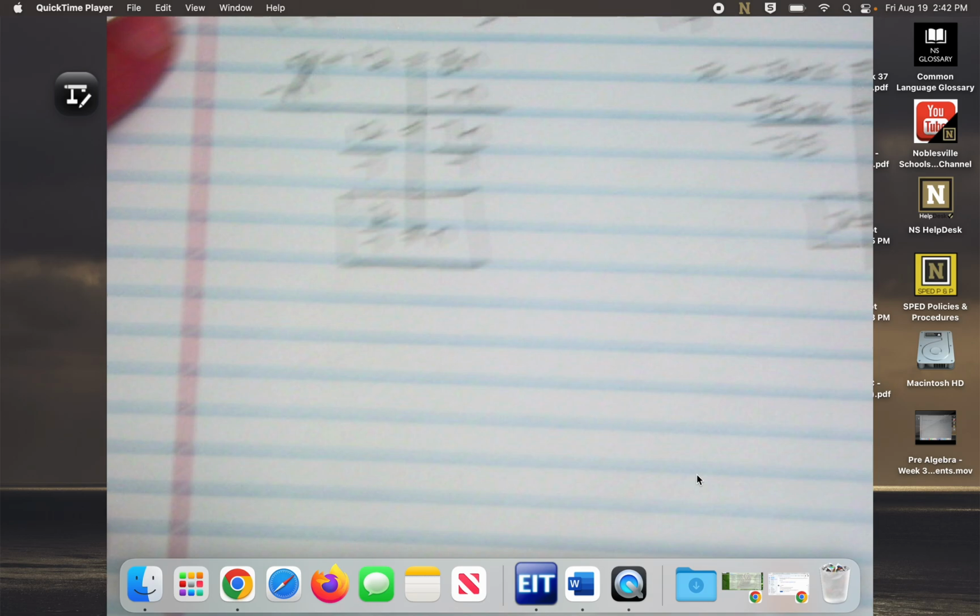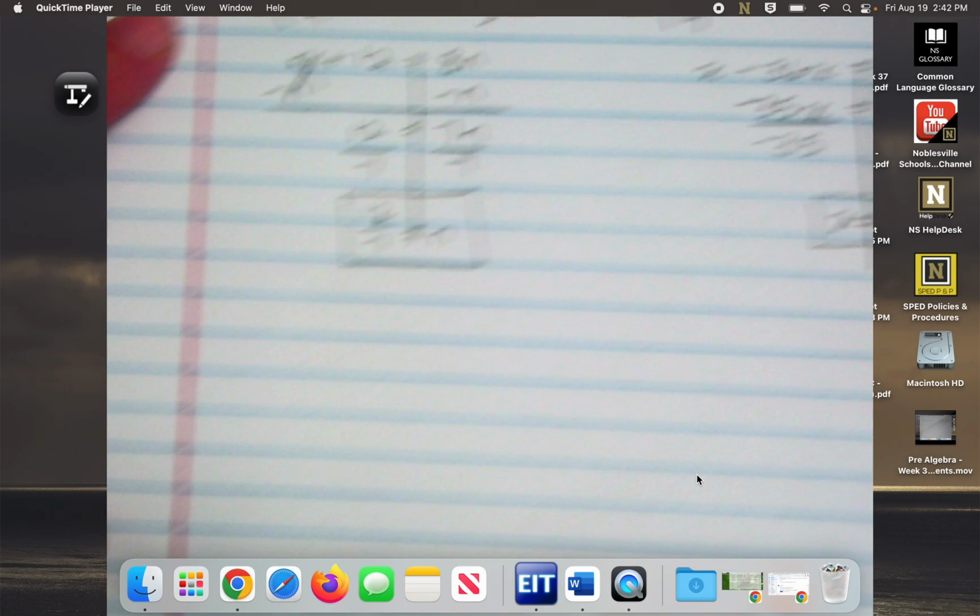Wait, how is it 90? Oh, yeah. Wall of equality. I'm going to subtract 12x from both sides. Divide by 78. 5/39 equals x.